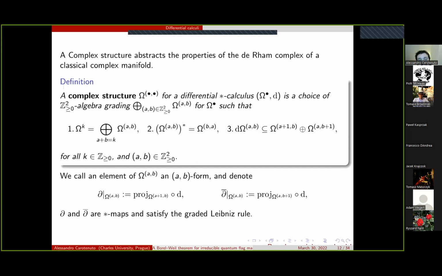This follows from this definition, yes. From the square equal to 0 and from the condition number 3, exactly. It follows automatically, yes. It's not a further request. Can I go on? Thank you.